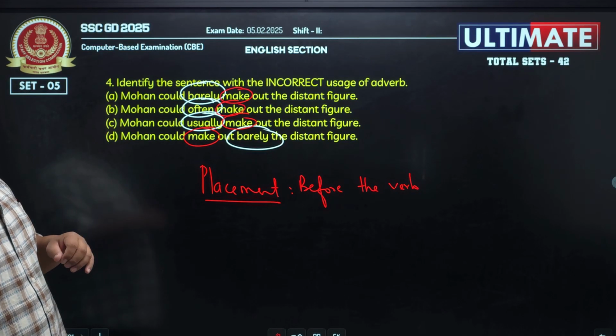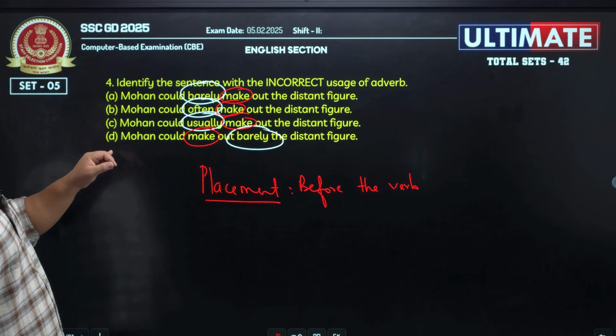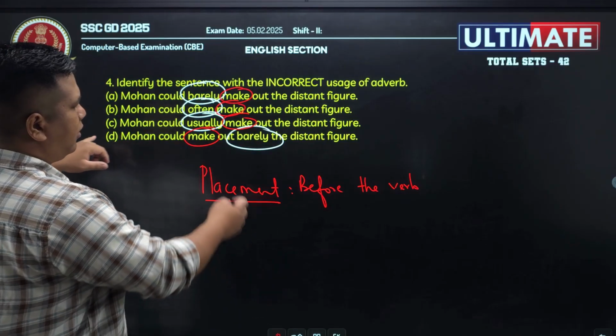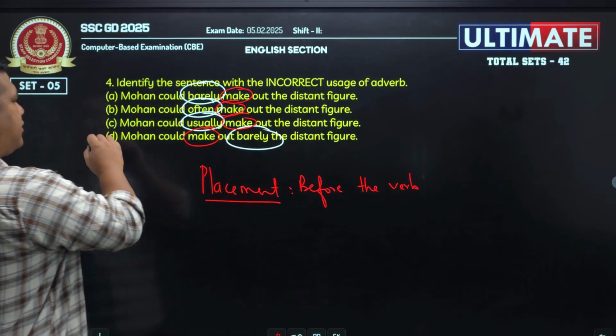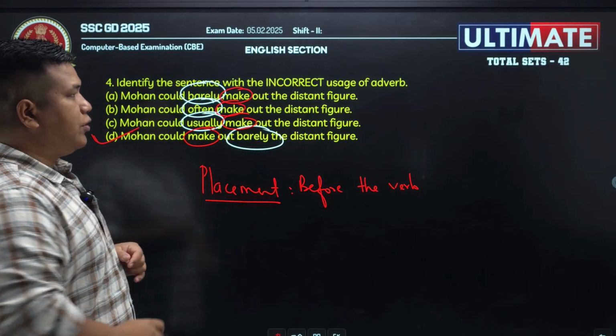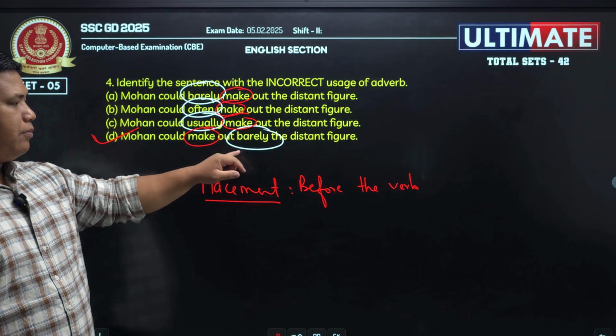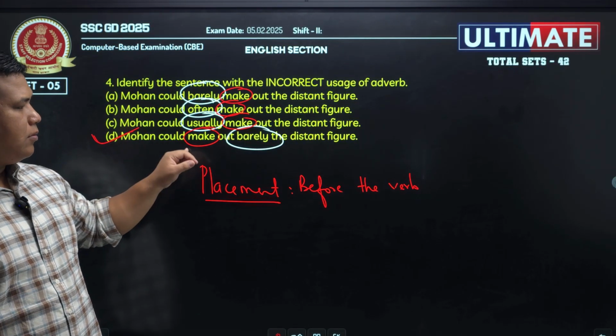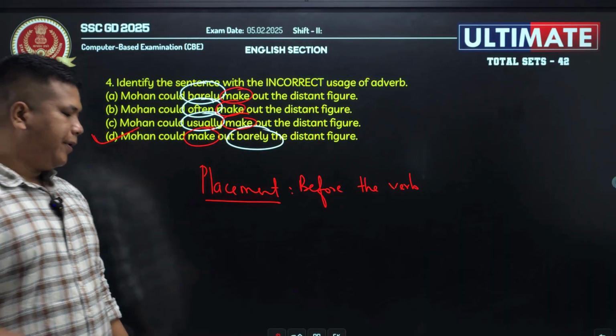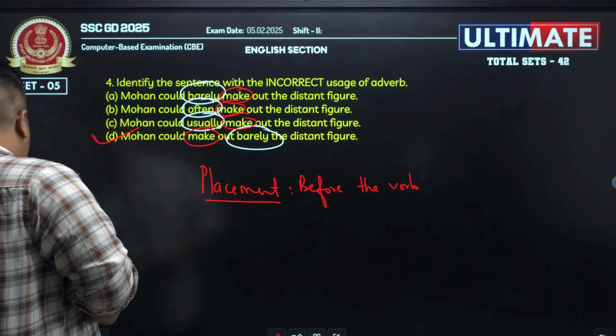In option D, it comes after the verb. So that part is our error. The adverbs are not wrong, but the placement is wrong. It should be before: Mohan could barely make out. So option D will be our answer here.